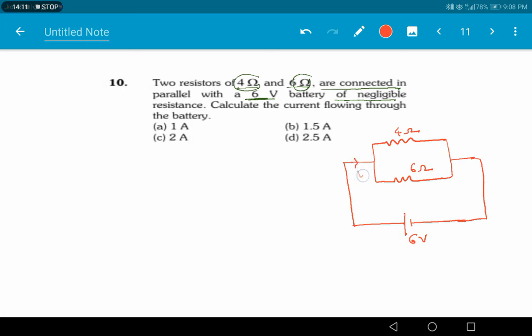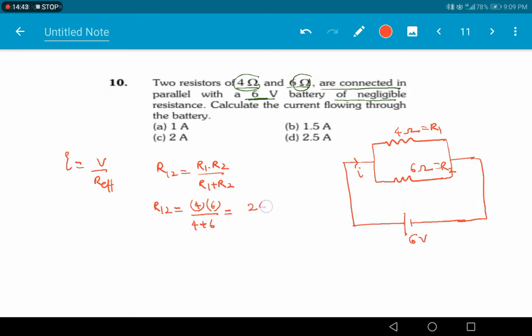So the current flowing in the battery, we can write I is equal to V by R effective. Which combination is it? This 4 ohm and 6 ohm are in parallel combination. We can use the parallel combination formula R1 into R2 by R1 plus R2. Therefore R12 is equal to 4 into 6 by 4 plus 6.